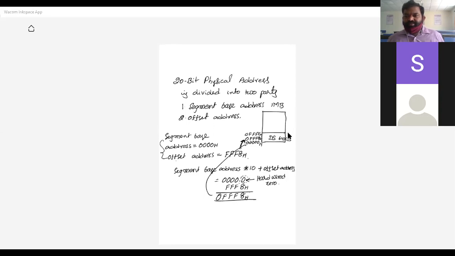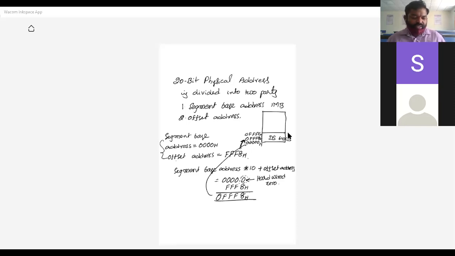But once you understand the 1 MB RAM addressing, then you can understand every concept. The 8086 1 MB RAM gives the complete details about your MPMC first 3 units.